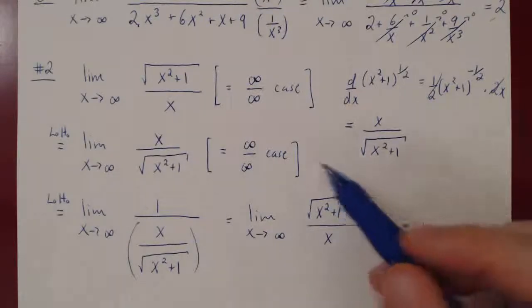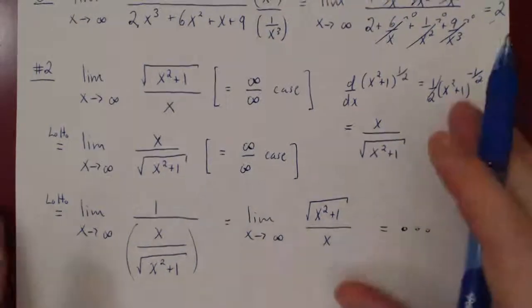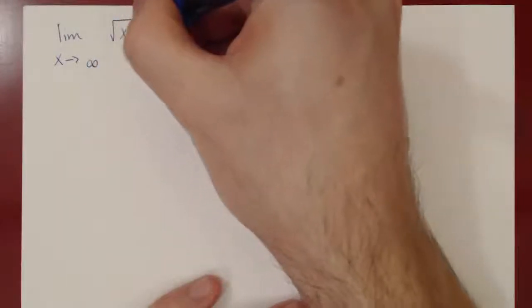Well, let's look at now how we should have solved this problem really easily without L'Hopital's rule. This was the limit, x approaching positive infinity, of the square root of x squared plus 1 over x.